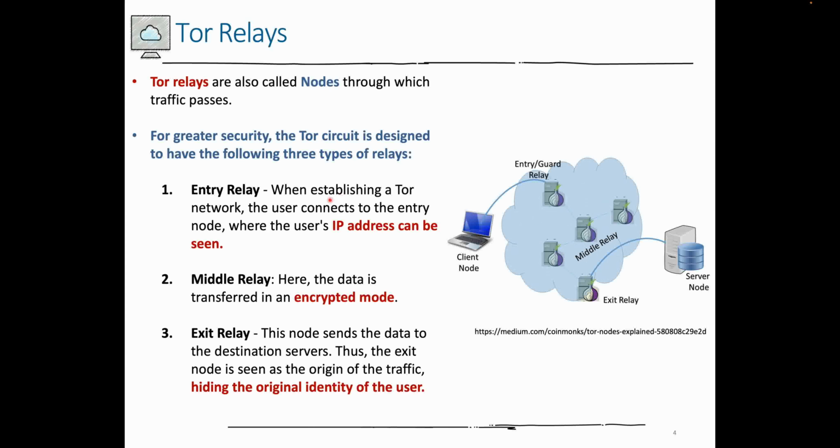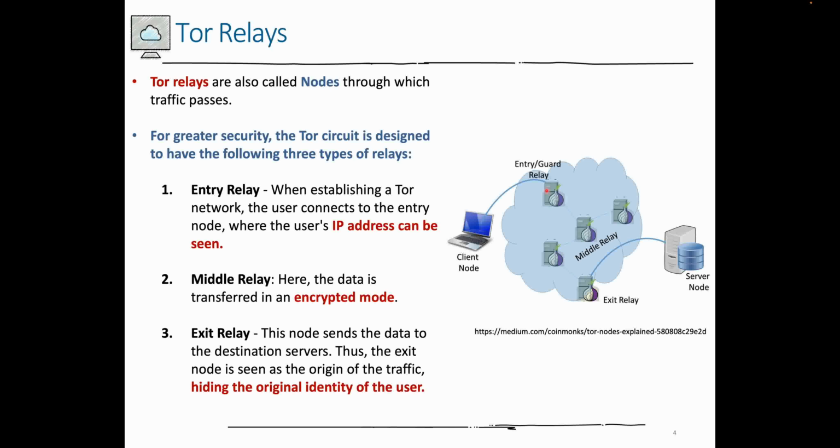So I'm going to start talking about the three main parts: entry relay, middle relay, and exit relay. The entry relay, also called the guard relay, serves as the initial connection point to the Tor network.